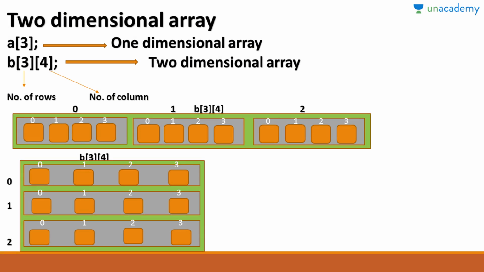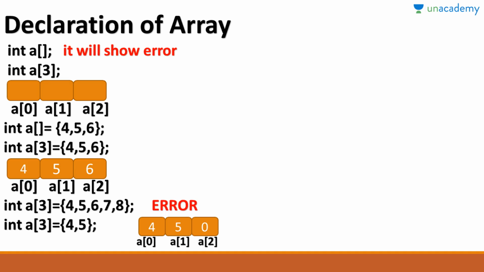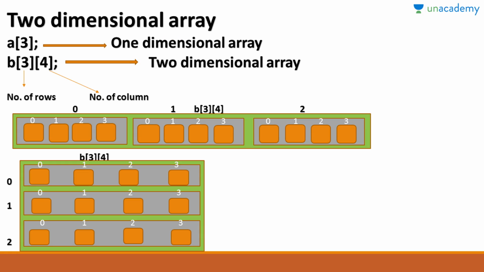So these are the one dimensional arrays. Now two dimensional array. A two dimensional array is similar to a one dimensional array, only here B[3][4]. 3 represents the number of rows and 4 represents the number of columns. Here B[3] means there will be first one block of B, and then there will be 3 blocks inside it, then 4 blocks inside these 3 blocks.